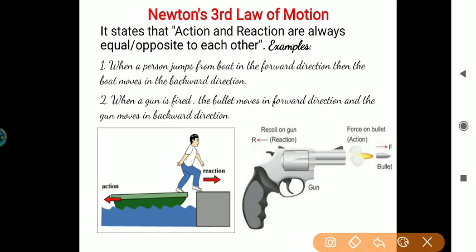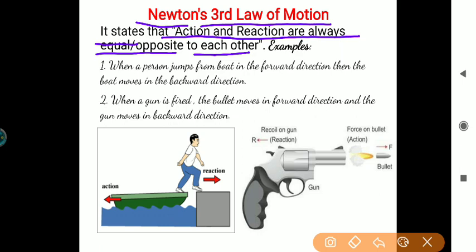The last topic is Newton's third law of motion. According to Newton's third law of motion, action and reaction are always equal and opposite to each other.